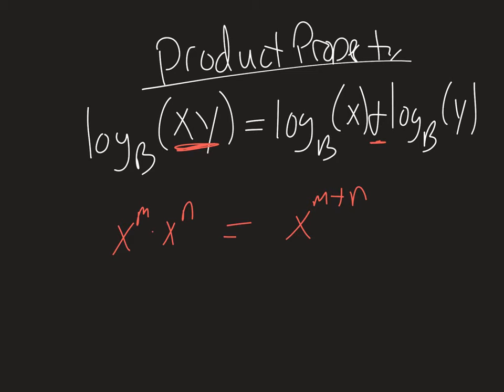So if I look at an exponential law, I'm multiplying, and that leads me to add the exponents. Then if I'm multiplying inside the logarithm, that would mean I can add outside the logarithm. The two are very much intertwined, very much related.